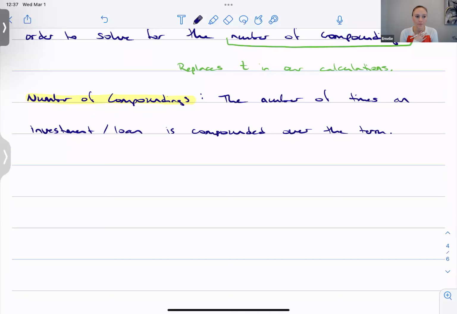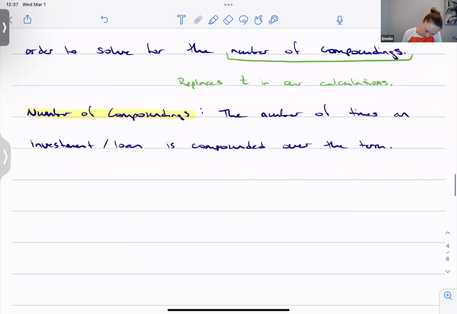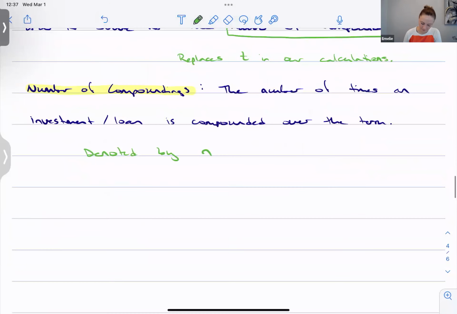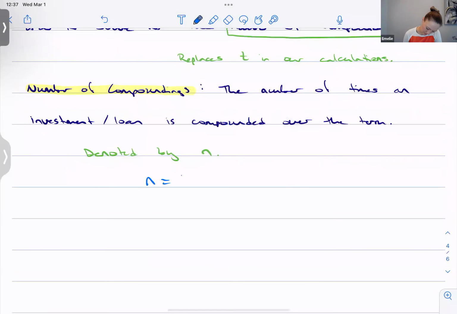It's denoted by N, a lowercase n. Now n is the time times the frequency.